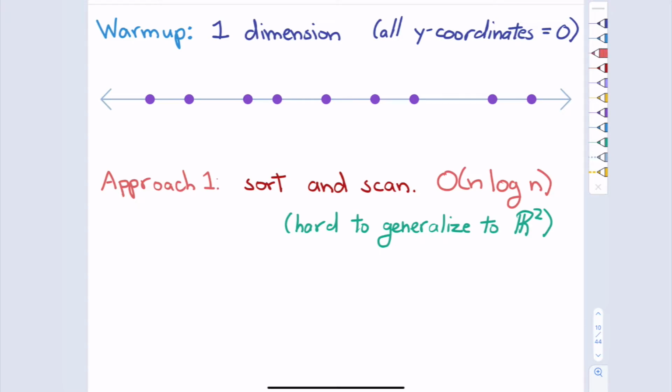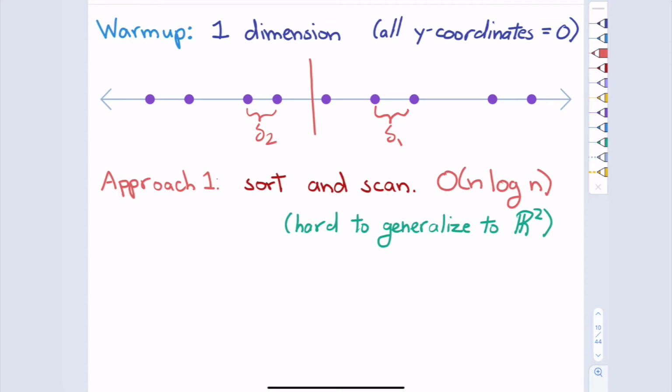So one idea is to use our median algorithm from last time. Find the median x-coordinate. And maybe for simplicity, let's say it's actually here. And recurse on both sides, and find the minimum distance on this side, and the minimum distance on the other side.